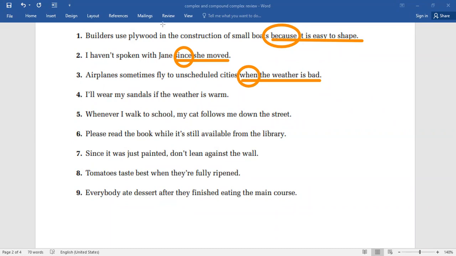Perfect. Okay, next volunteer, Ruqayya, please. If the weather is warm. Perfect, Ruqayya. What are we circling? "If." And would "if" be a relative pronoun or a subordinate conjunction?